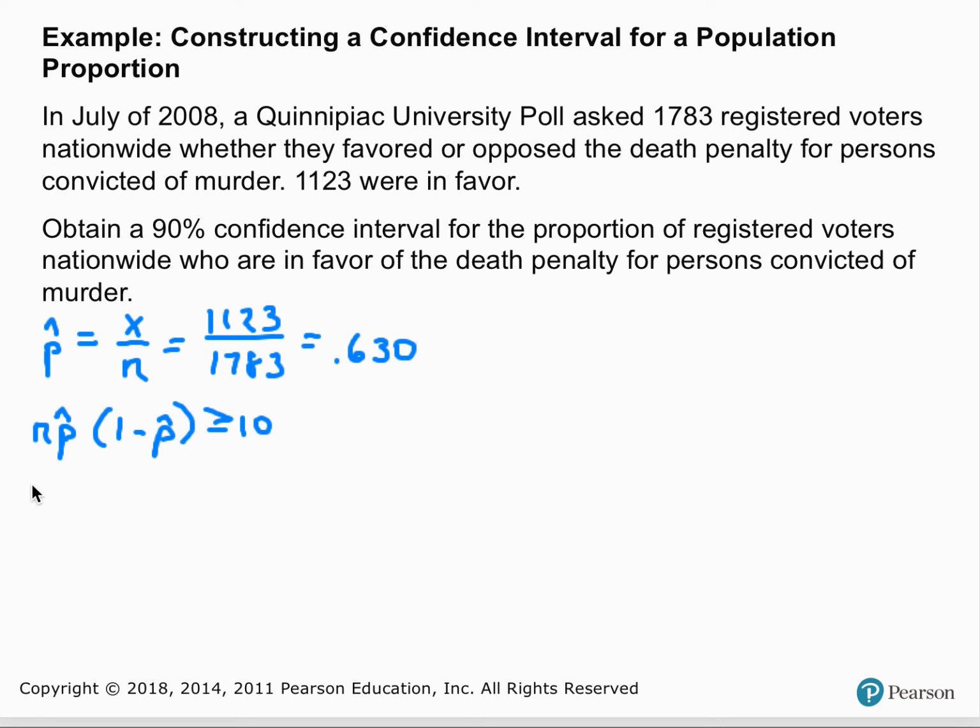So we have 1783 times, oh, here we are, 0.63. I was looking for it up in the problem, but we calculated it. 0.63. 1 minus p hat would be what? 0.37. Okay, and let's see what that equals.